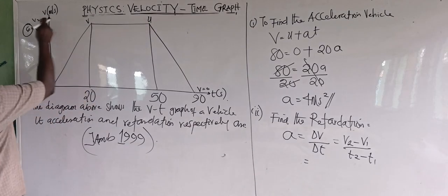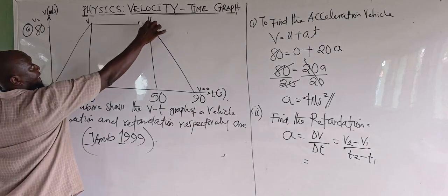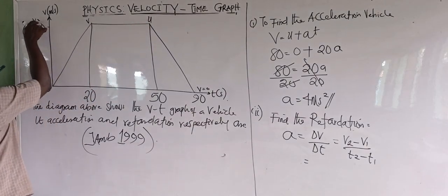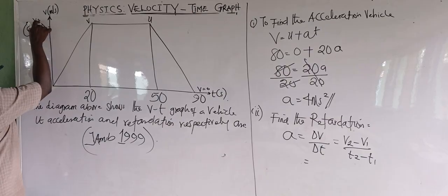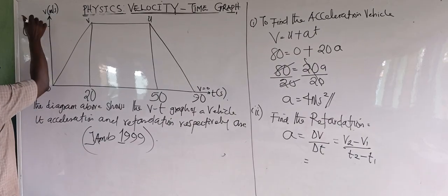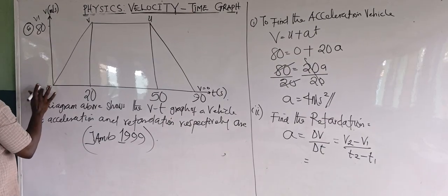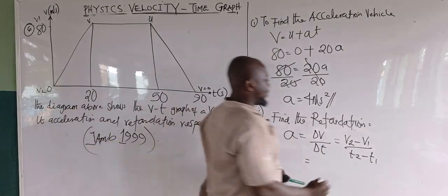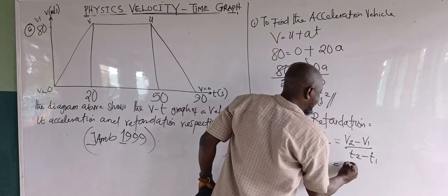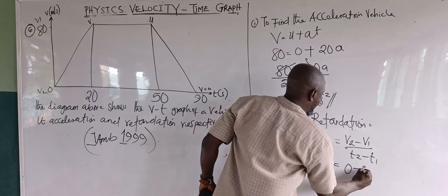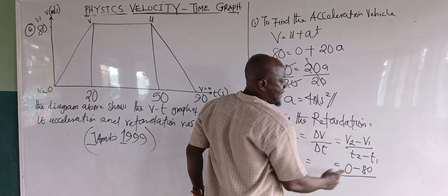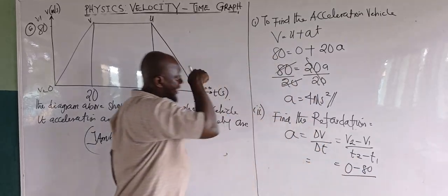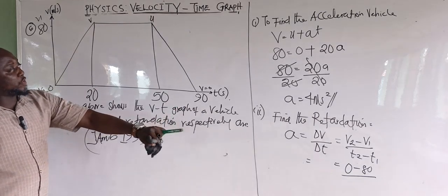As the car changes, please, this point here becomes my U. Don't forget that. So here becomes my V1, while here becomes my V2 because it's retarding here. So here I will now have 0 minus 80 all over my T, the time for all of this to happen.